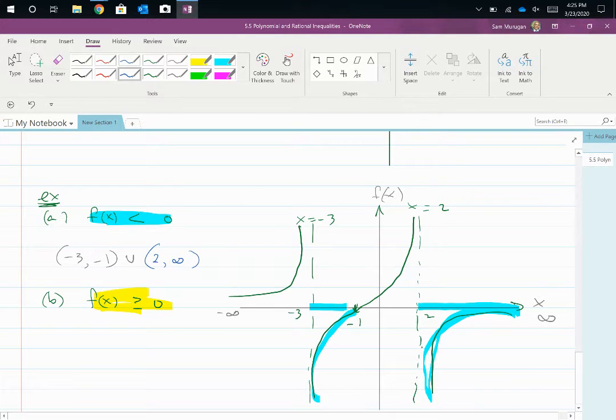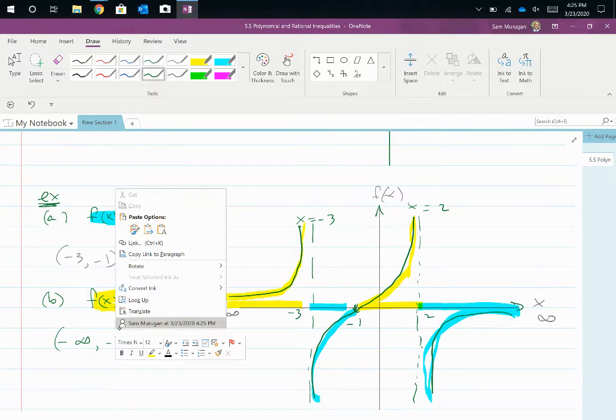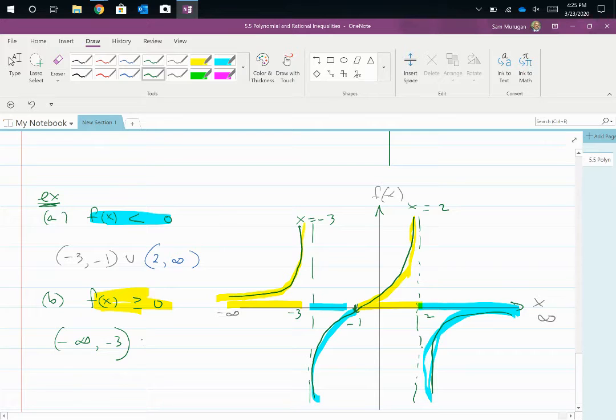Now this is where it gets a little strange, because above the x-axis it will go from -infinity to -3, and then from -1 to 2. These two regions right here, this and this. So from -infinity to -3. However, -3 is a vertical asymptote, so we cannot use a bracket on it, even though the inequality has an equal sign. -1 is not a vertical asymptote, but 2 is a vertical asymptote.